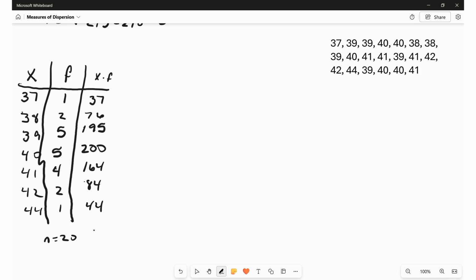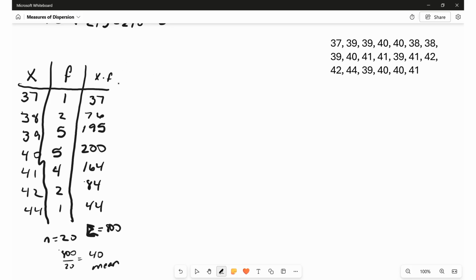And when we add all of these up, we get that the sum is 800. Okay. And 800 divided by 20 gives us 40, which is our mean.